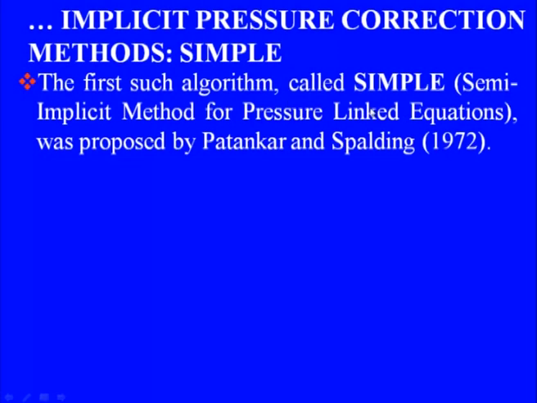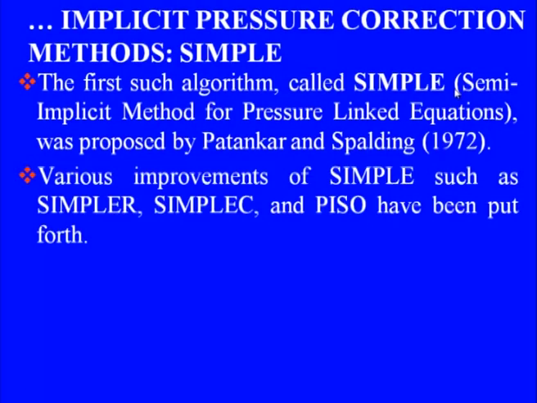We will have a look at one such method which is called SIMPLE. This was the first algorithm. Its name was given as SIMPLE by Patankar and Spalding in 1972, and SIMPLE essentially is an acronym: semi-implicit method for pressure linked equations. So, it takes the first letter of each of these words.